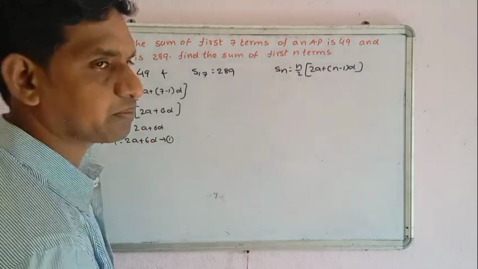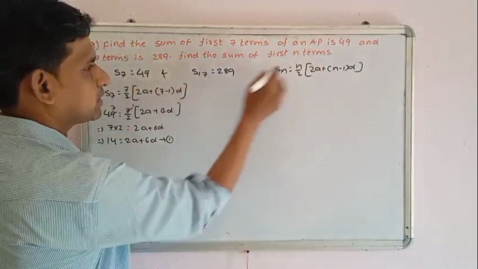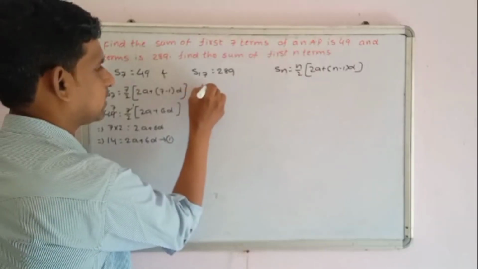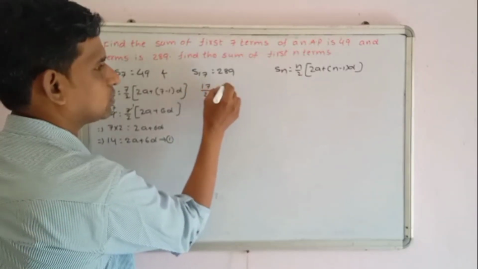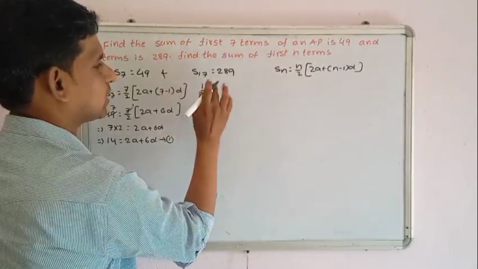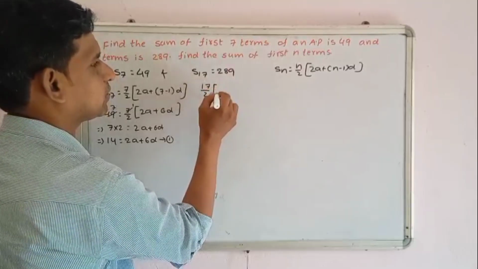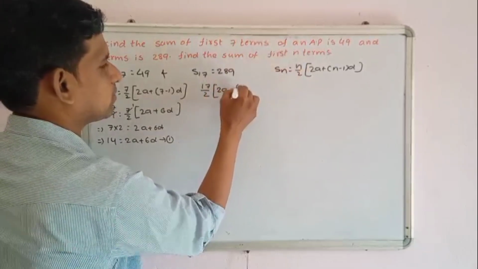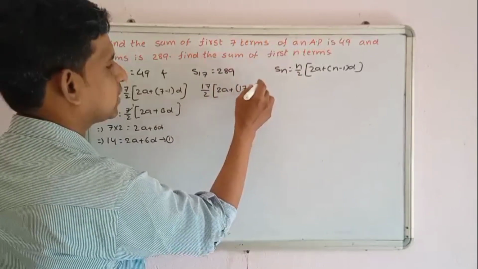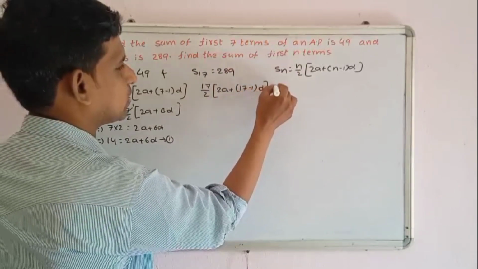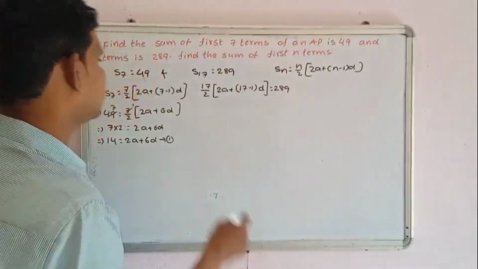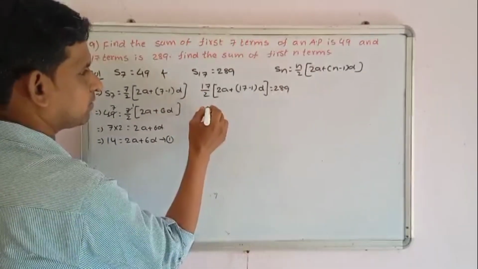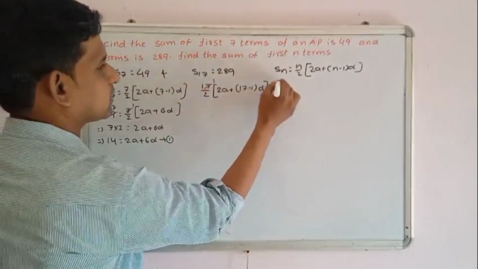Coming to the next point. S17 means 17 by 2. S17 equals n by 2 into 2a plus n minus 1, 17 minus 1 into d equals 289. So 17 by 2, see here 17 one time, 17 times.